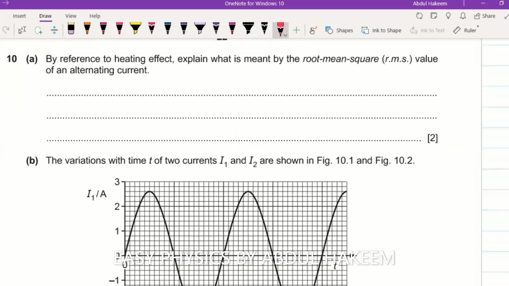Now the next: by reference to the heating effect, explain what is meant by the root mean square value of an alternating current.